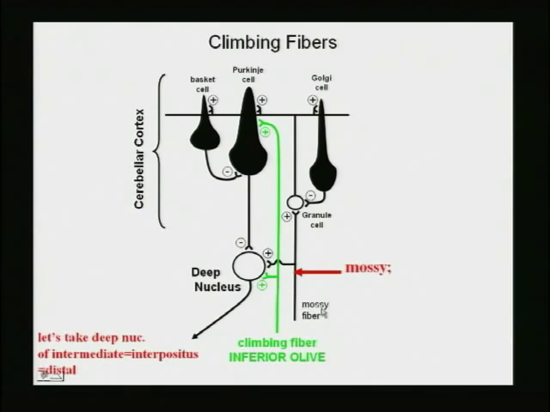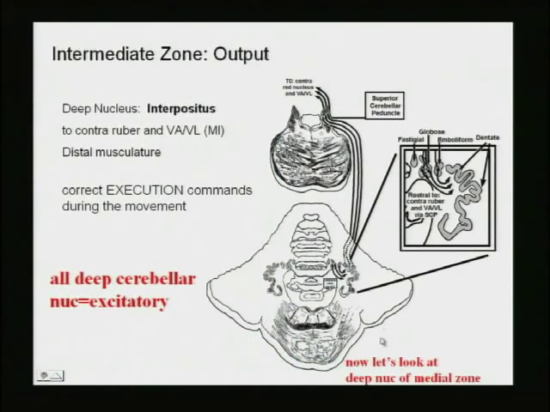Again, here's that darn climbing fiber coming up. Now, in the case of the intermediate zone, the deep nucleus is interpositus. Okay? So interpositus is a deep nucleus of the intermediate zone. It's concerned with sending information out of the cerebellum about distal musculature and helping make a correction. So here would be the interpositus.